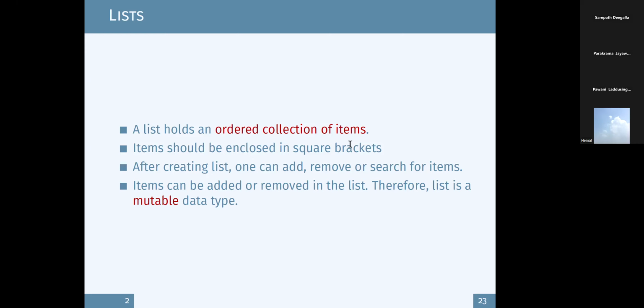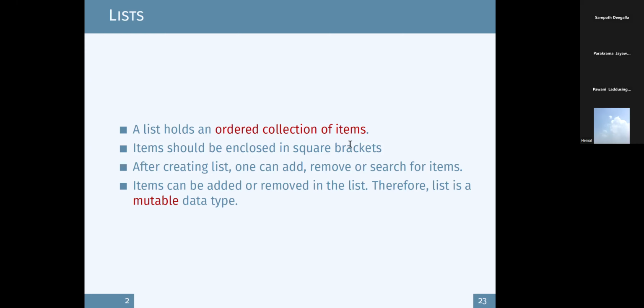Python usually uses different brackets for different data structures. In lists, it uses square brackets. So you use square brackets to hold an ordered collection of items in a list structure.